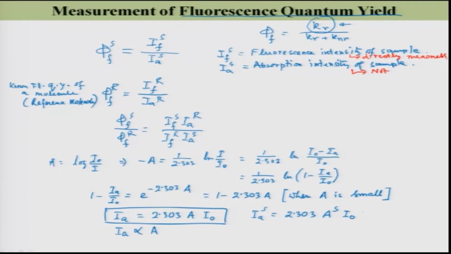So, do not forget that. Similarly, I can write I A of R, that is the reference, is 2.303 absorbance of this reference, I 0 at that lambda excitation.